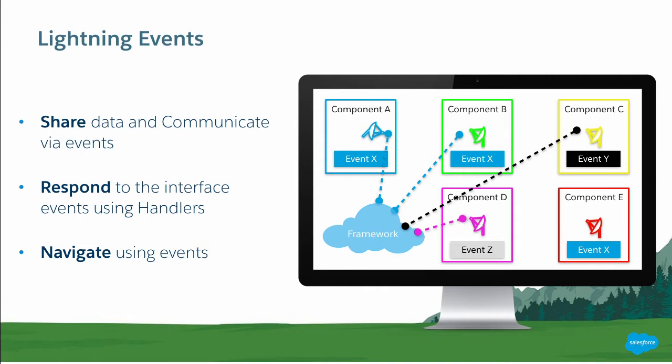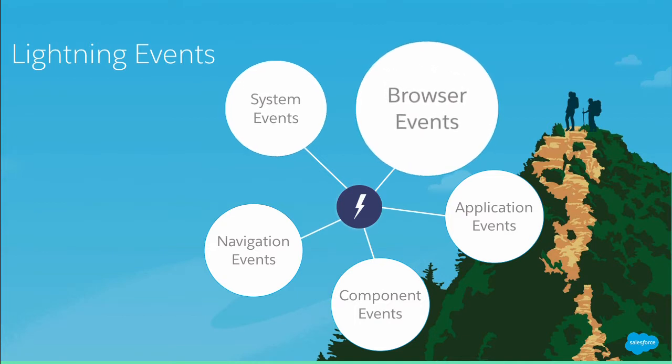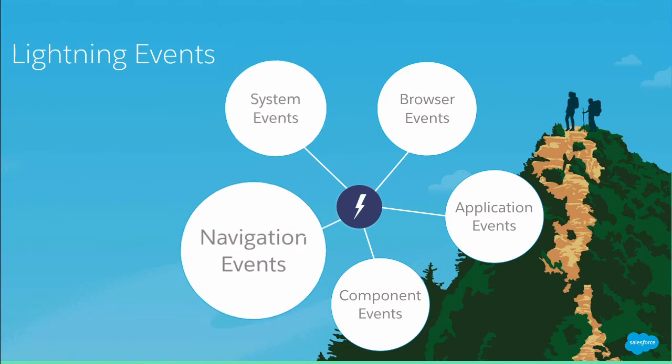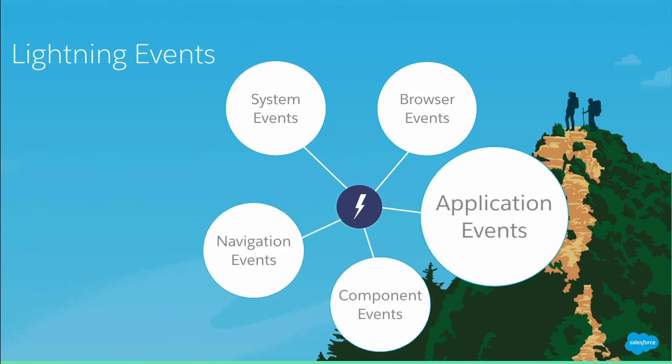Component A fires an event, and then the framework distributes this event to other components that may want to handle that event. When we talk about events with Lightning, this can be a little confusing, because there are actually 5 different types of events. We have browser events, system events, navigation events, component events, and application events.